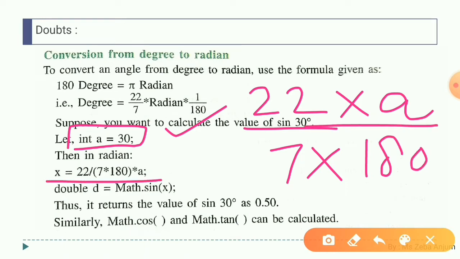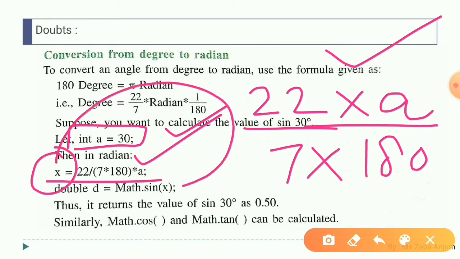See, this says the same thing. This is your mathematical formula and this is your Java expression. Now you have calculated the angle in radian. Now you are going to give this radian value in your mathematical function, that is Math.sin(x), and it will give you the value in radian, and your value will be 0.30.